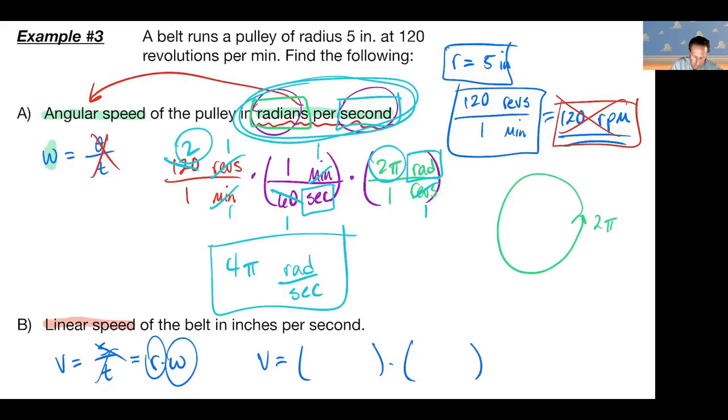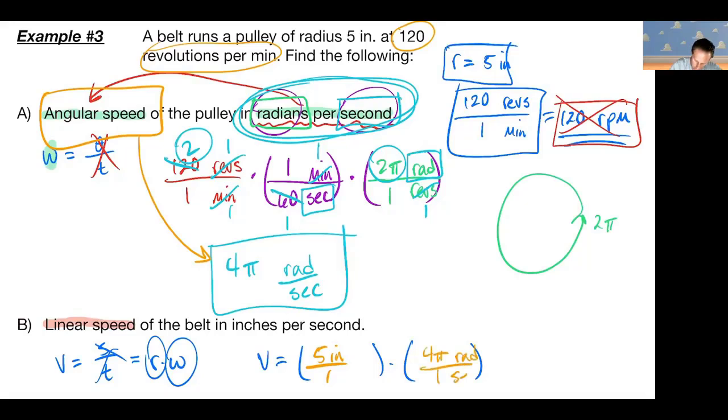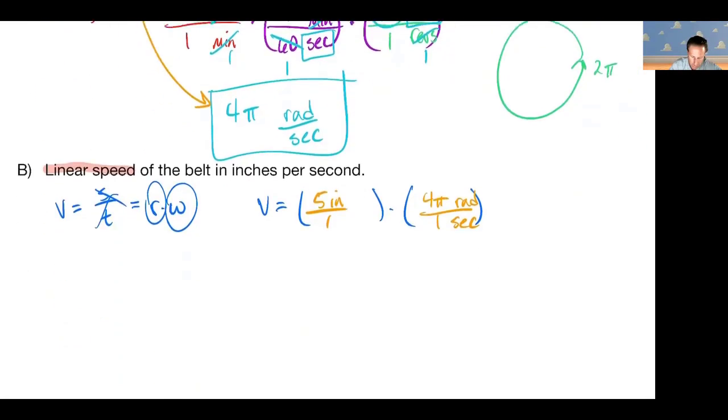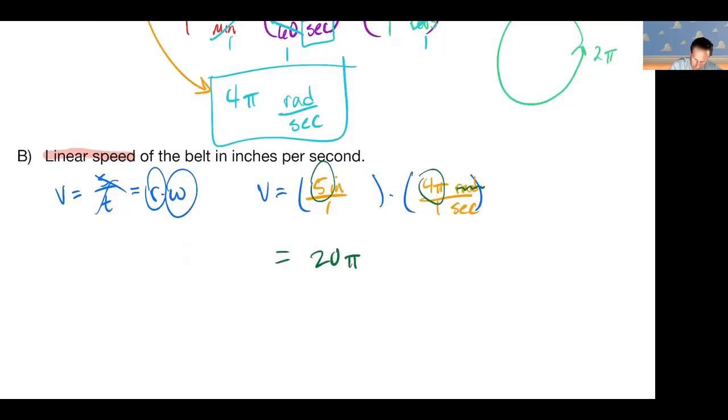Because they gave us the radius was 5 inches, and the angular speed was 120 revolutions per minute, but we just found it in the better form that we're used to, we can rewrite it as 4 pi radians per second, which allows us to finally cancel out and get our answer of 20 pi inches per second.